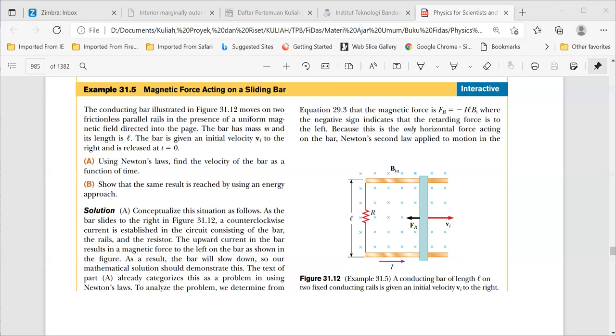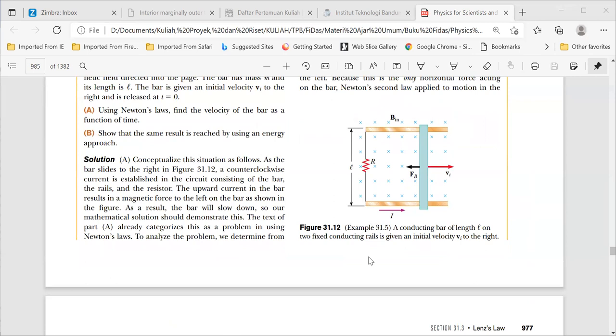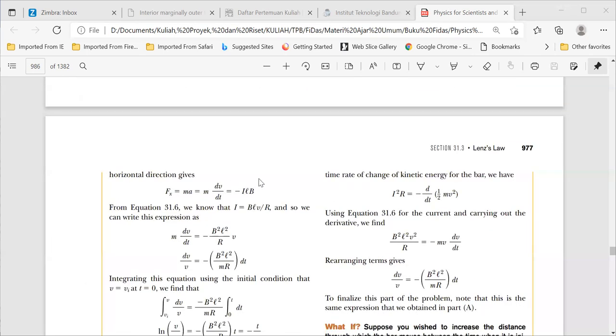Because the bar moves to the right along the x-axis, we only consider this direction.